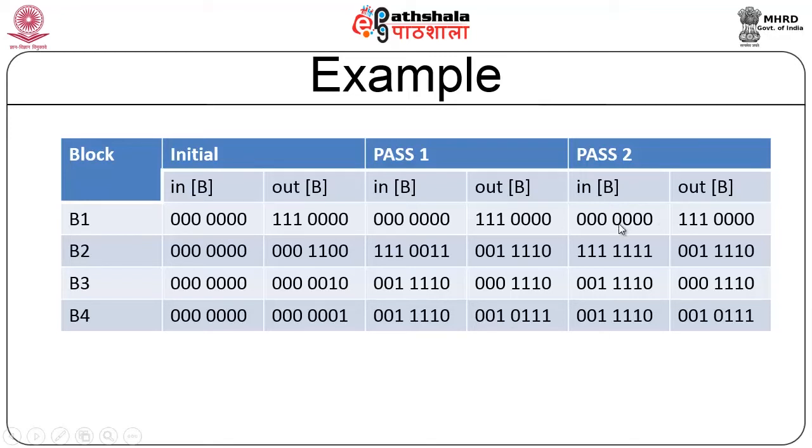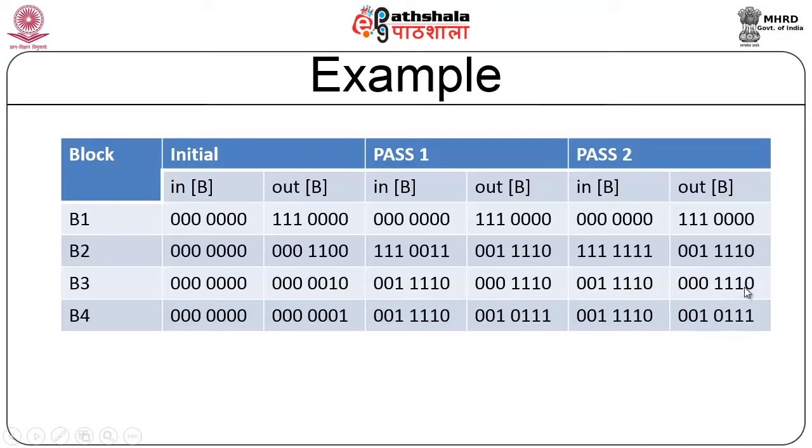Again, as you could see, out of B1 will not change here also. Now, here out of B2 and the previous out of B2 are the same. Therefore, it is not going to go through one more iteration here. And so is the case with out of B3 and out of B4. Now, what does it infer?